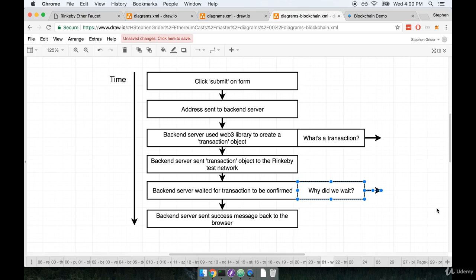So these systems are not complicated for the sake of being complicated. The blockchain is complicated because it has to solve an incredibly difficult problem: the representation and transfer of millions, billions, trillions of dollars between people. That's why it's so complicated.